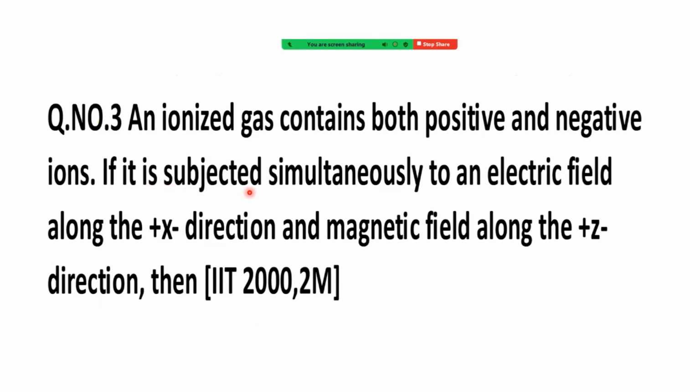If it is subjected simultaneously to an electric field along the positive x direction and a magnetic field along the positive z direction, then, asked for 2 marks in 2000.